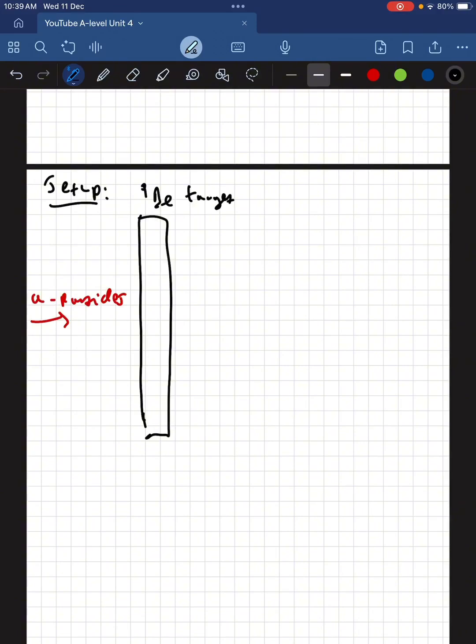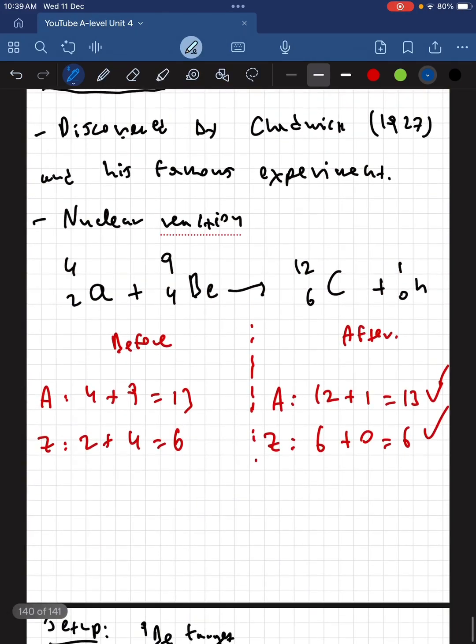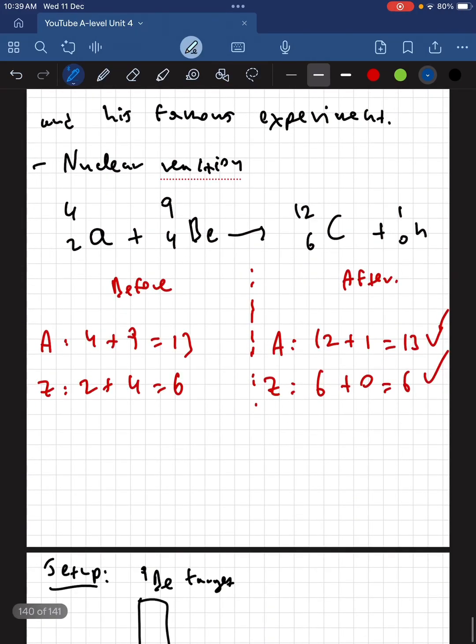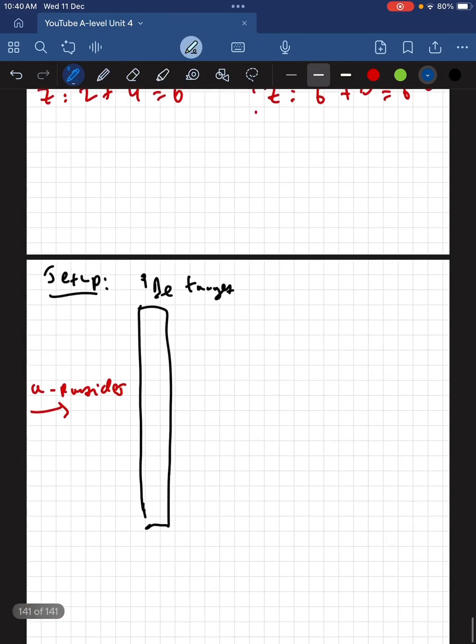So he sends alpha particles, and this reaction takes place, okay? Some alpha particles merge with beryllium, they produce carbon, and they eject neutrons, okay? So you have neutrons coming out at all angles, so they are all over the place.